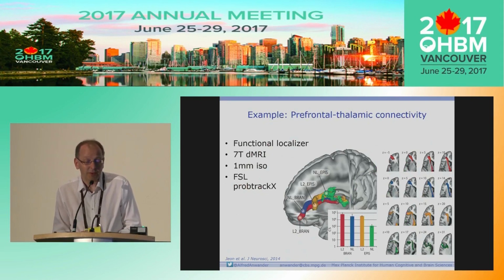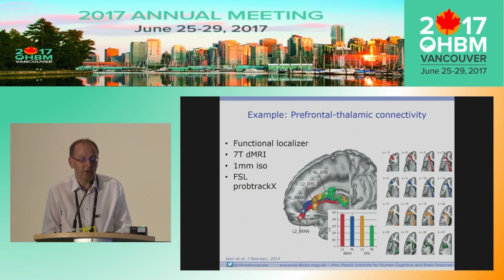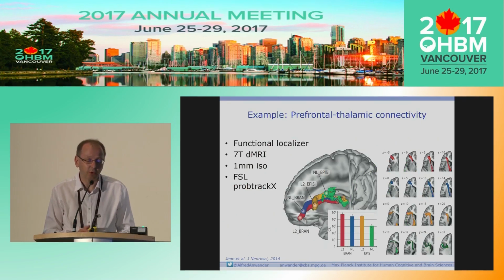We didn't want to believe this and tried to do our best. We did 7 Tesla diffusion MRI at 1 millimeter isotropic resolution, and again bedpostX connectivity, and seeded here for some areas in the prefrontal area and computed the connectivity to the thalamus. Well, we find again, on this logarithmic scale, a nice stable connectivity profile, a little lower here.